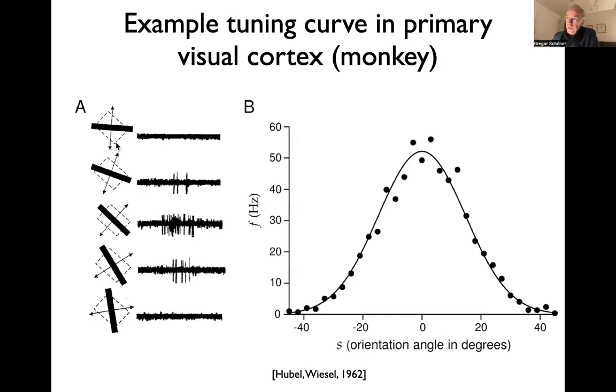This part of the retinal array is called the receptive field, the field where that neuron is receptive to visual stimulation. Moreover, the firing of that neuron was modulated with certain parameters of the visual stimulus.